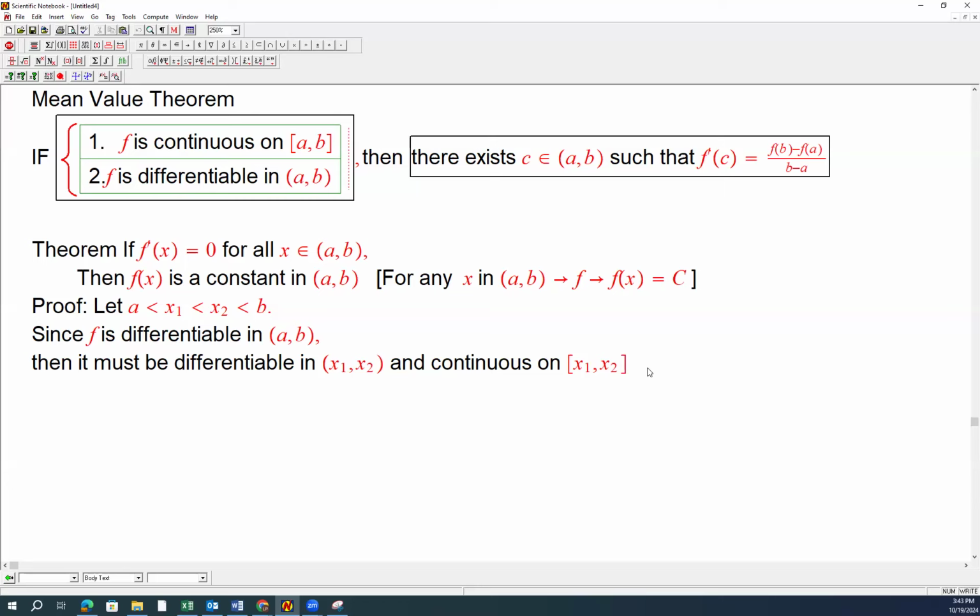Then we can now apply the mean value theorem to f.